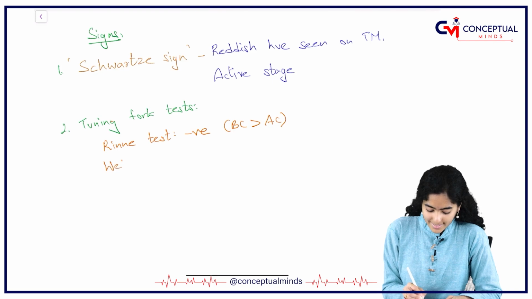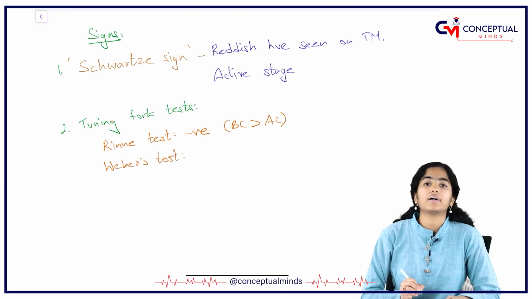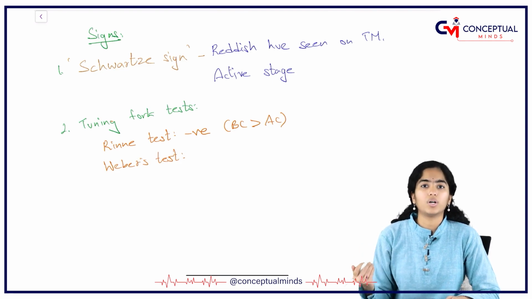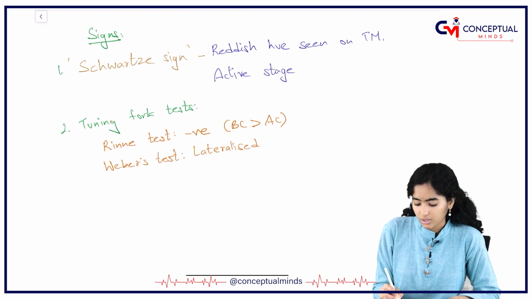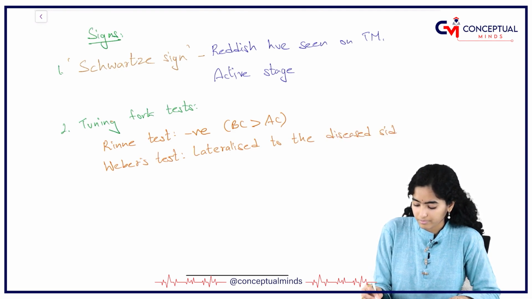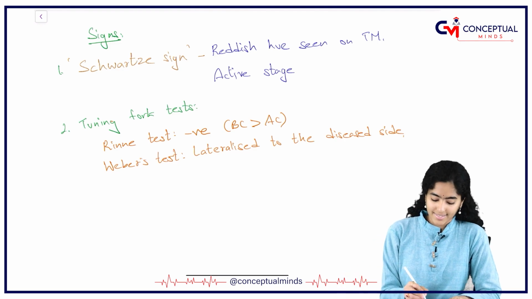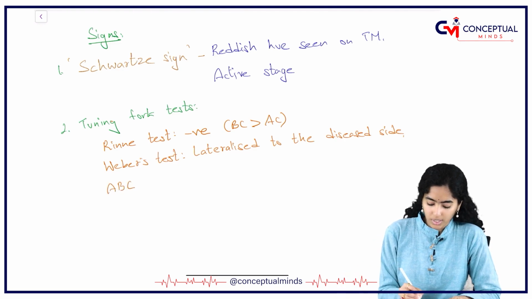Next, Weber's test. Because this is conductive type, it is lateralized to the worse ear, lateralized to the diseased side. Next is absolute bone conduction test.